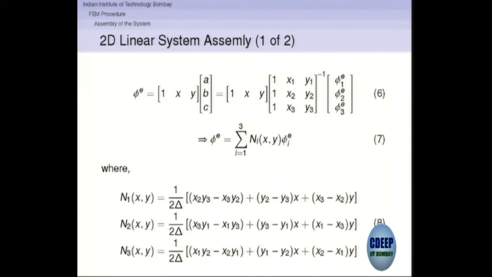And N1, N2, N3 are given here, and these expressions you will get if you actually expand that inverse. Right? So what we have effectively done is, now this is for one phi, then obviously you know what is the expression for energy. Energy is a function of del phi.